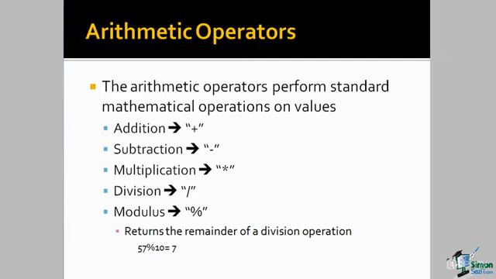What that says is 10 goes into 57 5 times and then leaves a remainder of 7. And so modulus returns to us that value, 7. What's left over after the division of 57 by 10. This can be very useful in different situations, and we'll see where those are.